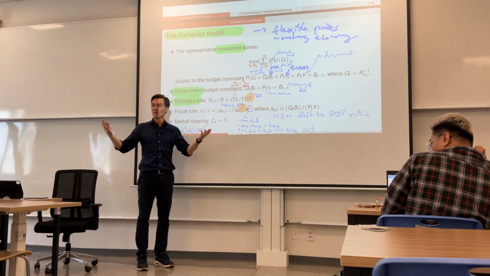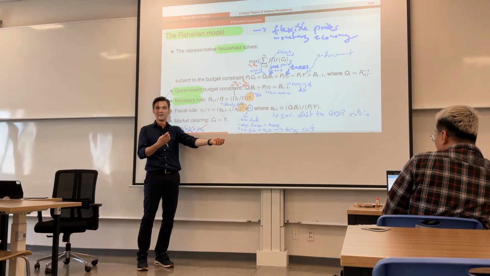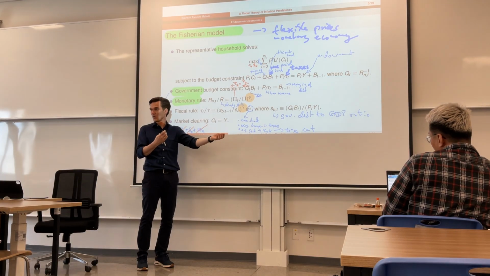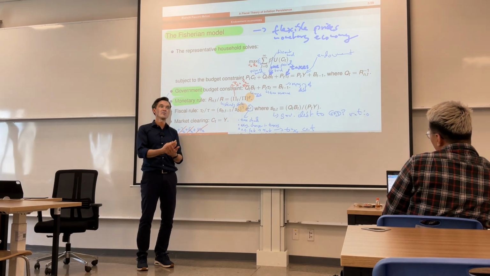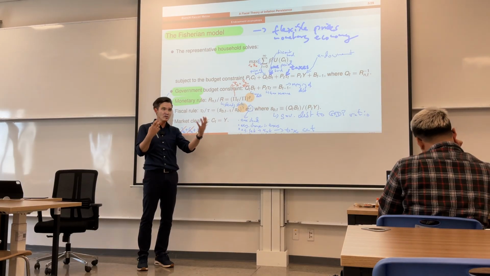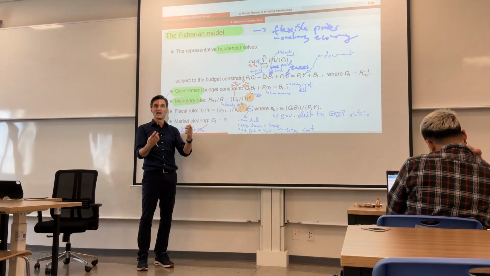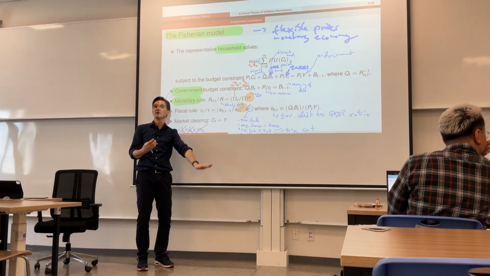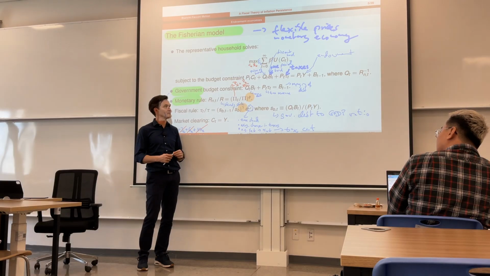If consumption in t is the same as consumption in t plus 1, the price is the same in period t and in period t plus 1. So the real return is the same. Only if you have consumption changing over time will you see the real rate of return changing. So that's basically the idea.